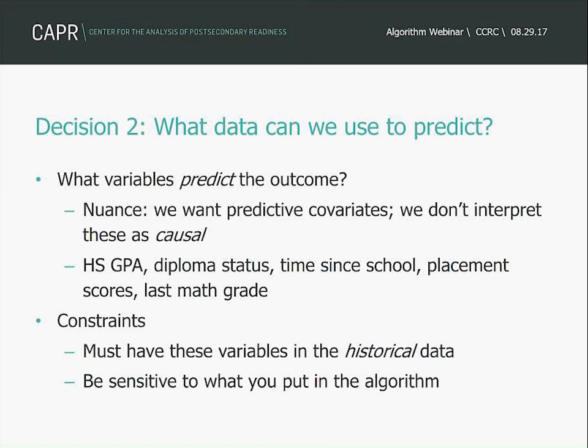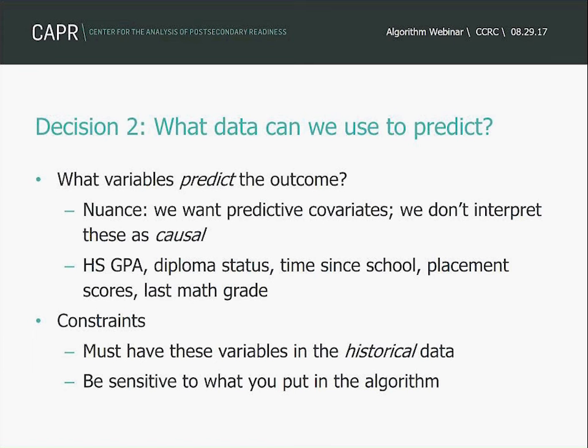So some of the variables that we've used are high school GPA, diploma status, for instance, GED or otherwise, their time since high school graduation, their placement scores, and in theory, we weren't able to use this, but we've seen in other places they've been able to use, for instance, their last math grade in high school as well. But again, the key trick here is being able to get that data right at the time of placement so that it can be entered into the algorithm and place students quickly.